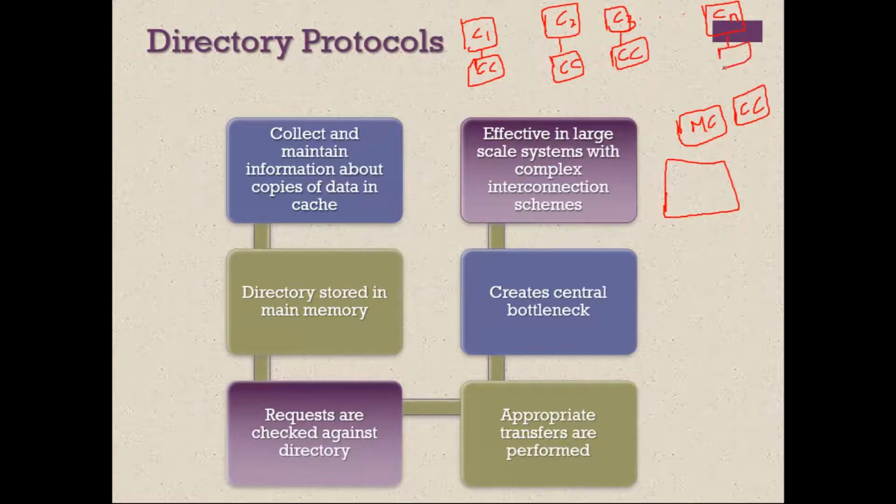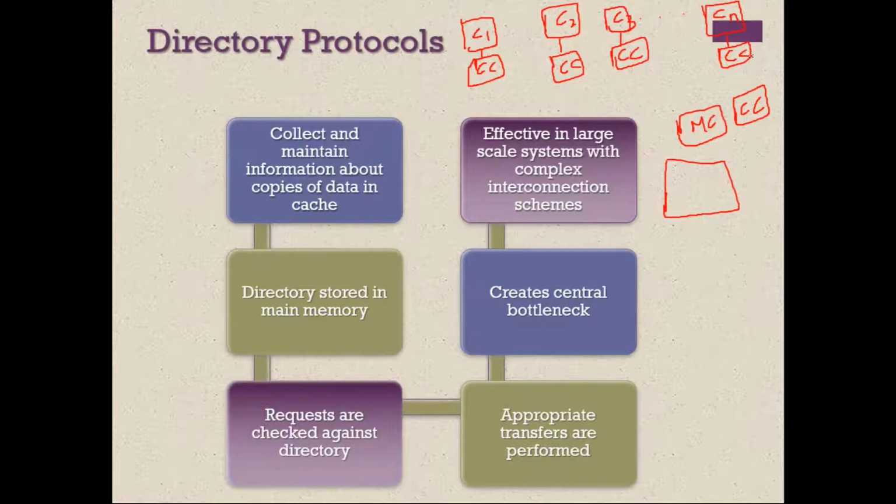Say, for example, there is a centralized controller, and that centralized controller is part of the main memory controller. The directory is something which is stored in the main memory.